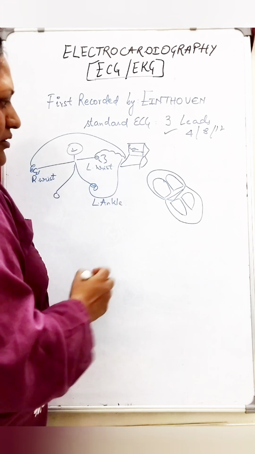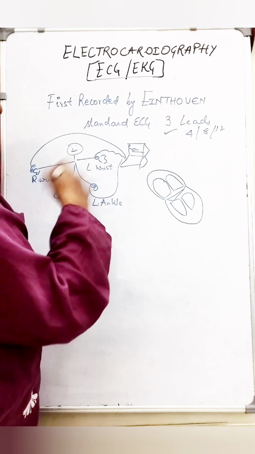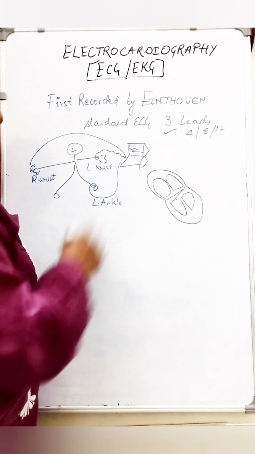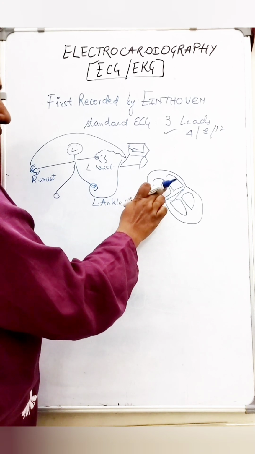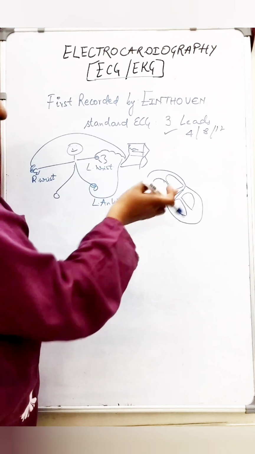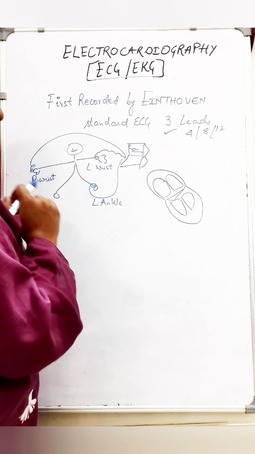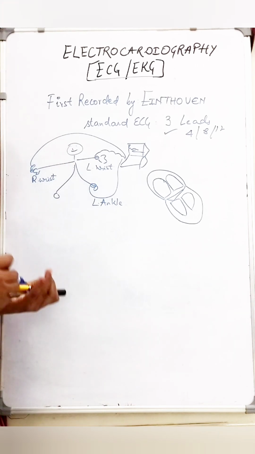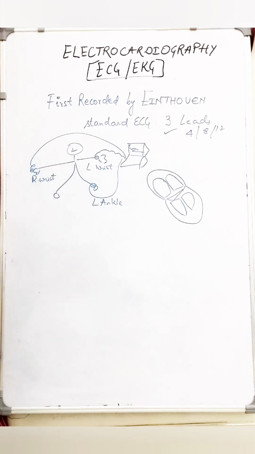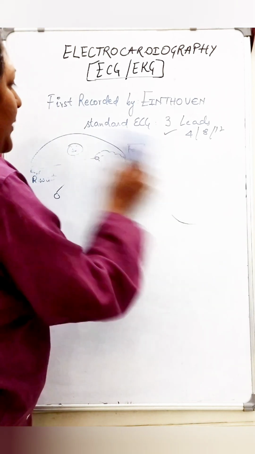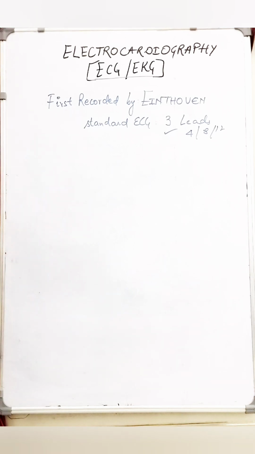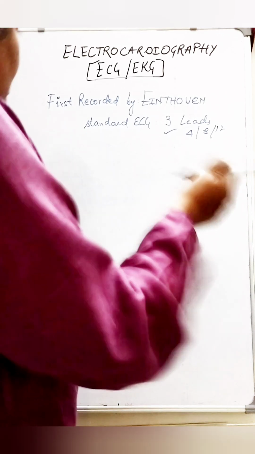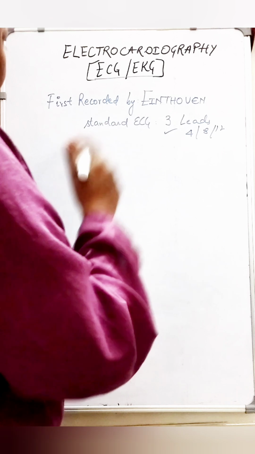So therefore, we are going to understand how this entire thing functions, keeping in mind the depolarization and repolarization which occurs in the human heart. So if you see the human heart, first we will understand how exactly the ECG is initiated.